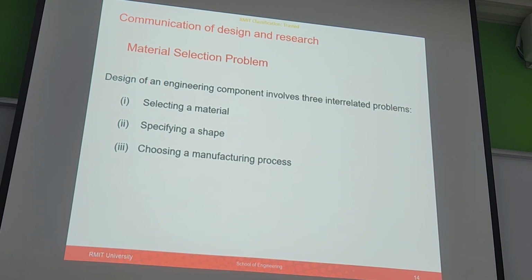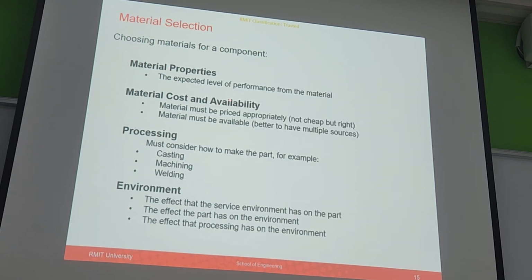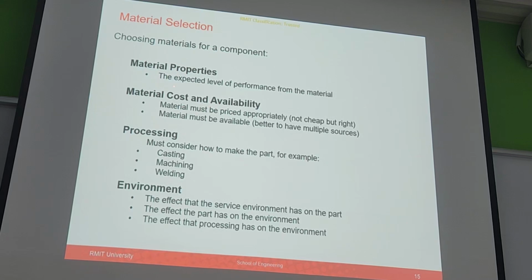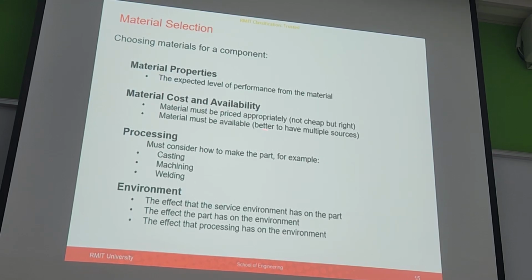Material selection problem: designing an engineered component involves three iterative problems. Selecting the material, the shape of that, and choosing a manufacturing process. So for the material selection, okay, what are the material properties? What is the material cost and availability?